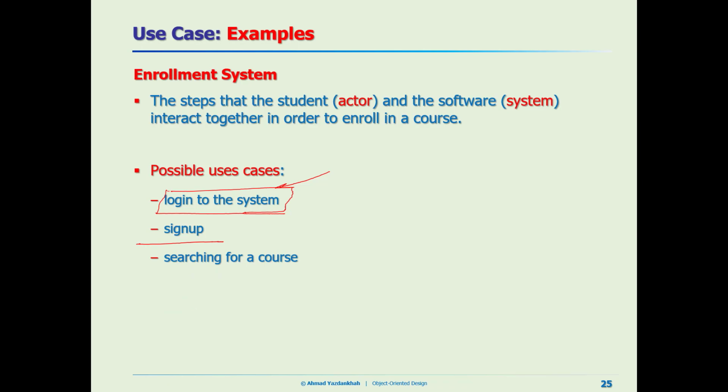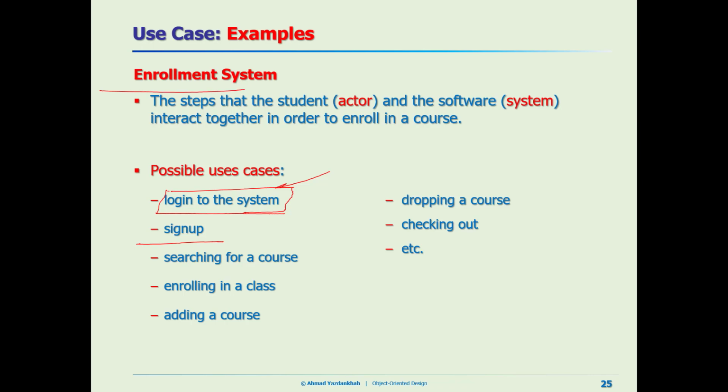Or searching for a course is another use case. Enrolling in a class, adding a course, dropping a course, checking out, etc. So enrollment system has these possible use cases. So all of these are some benefits that your software is gonna give to the user.